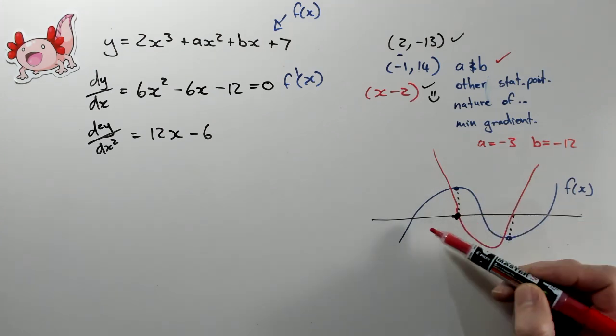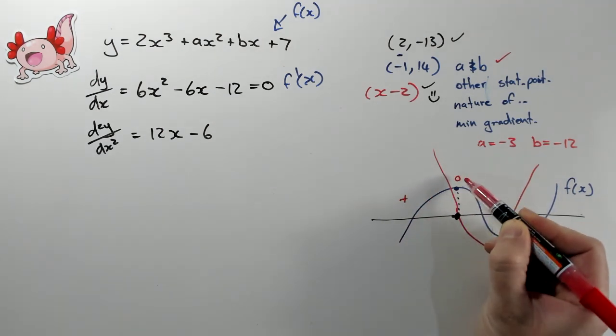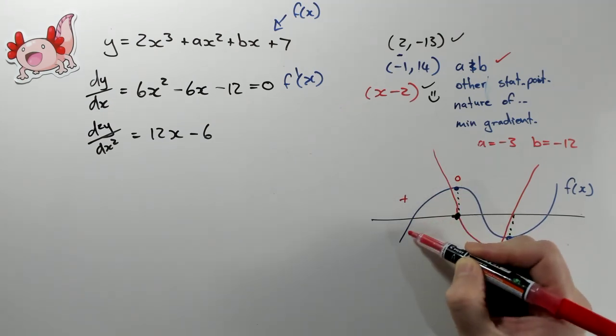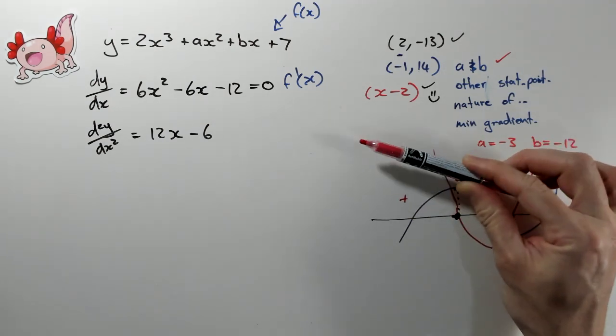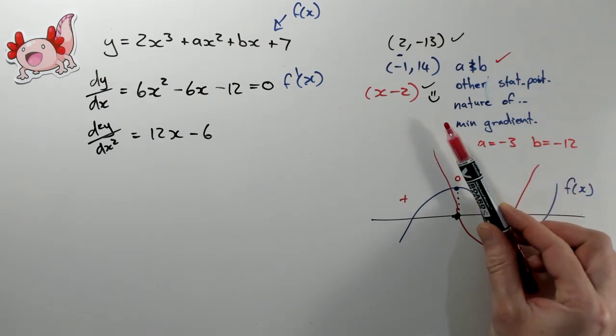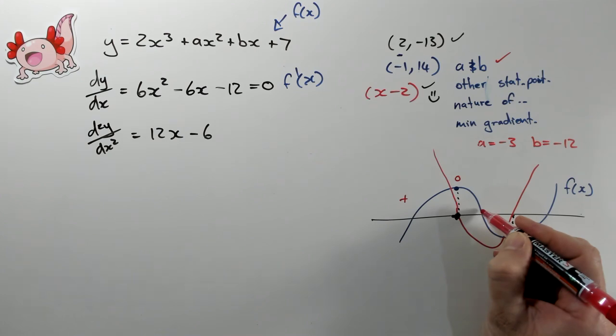So basically, I know this is an obviously positive gradient, and then it goes on to a zero gradient if I look at the blue function. And then this line is going down. It's like a roller coaster, and it's going down, down, down. And you should know by this time it would have a point of inflection.